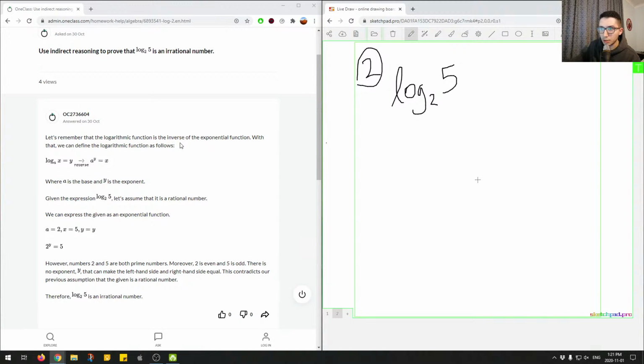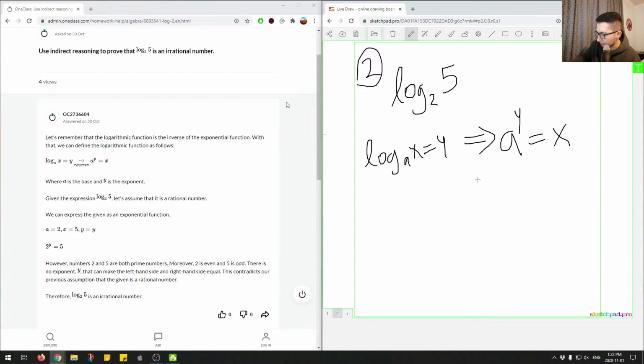So looking at what the junior tutor outlined, log a x equals y, they're giving you the template formula, is the same as a to the power of y equals x. So log a x equals y can be converted into a to the power of y is equal to x. Using the same idea, we can convert this into this format.